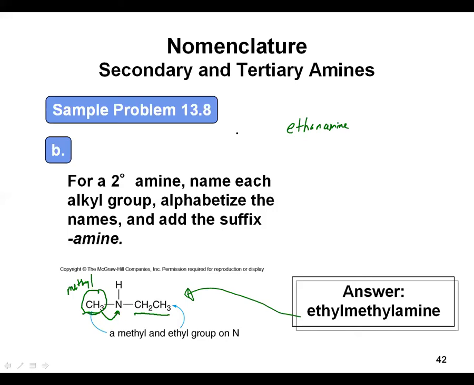So sometimes you'll see some people write N-methylethaneamine, and the N means that you have a methyl group that's attached to the nitrogen. And then ethaneamine means the longest carbon chain on the other side of the nitrogen would be basically 2. So that's another common way that secondary and tertiary amines are named.